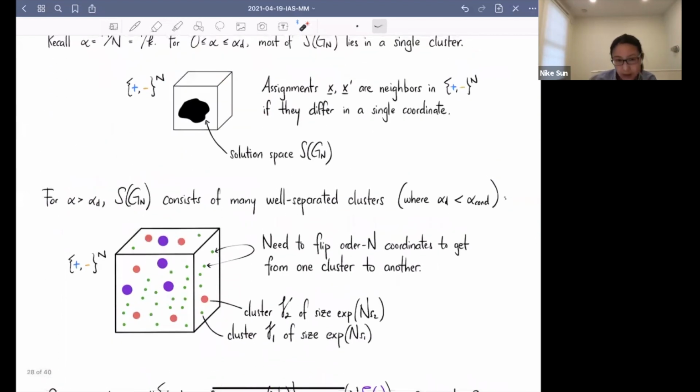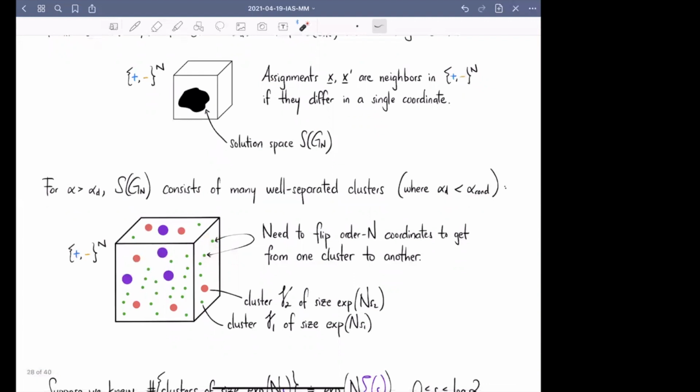However, once alpha gets large enough, this is no longer the case, and the solution space will consist of many well-separated clusters. And this happens quite a bit below the alpha_con that I'm talking about. It's roughly alpha_con divided by k, roughly of that order. You will have many well-separated clusters, meaning that to get from one clump of solutions to a different clump of solutions, you have to flip order n coordinates.